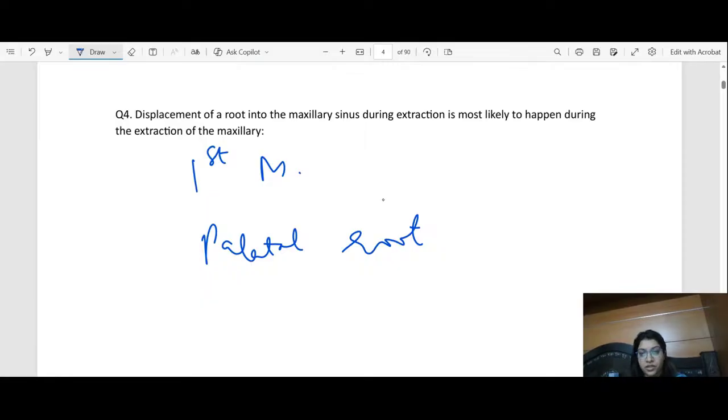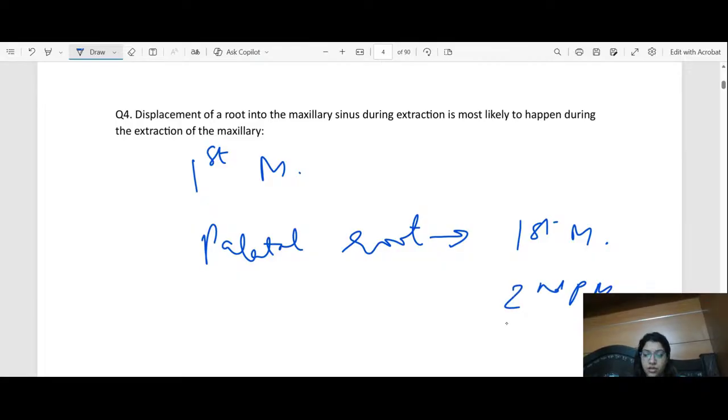But the root nearest to the maxillary sinus is first for the maxillary first molar, then second premolar, then first premolar, and then second molar. So displacement of the tooth root into the maxillary sinus is most likely to happen during the extraction of the maxillary first molar. This is because the roots of the teeth are often close to the floor of the sinus, and the palatal root of the maxillary first molar is the most likely to get displaced.